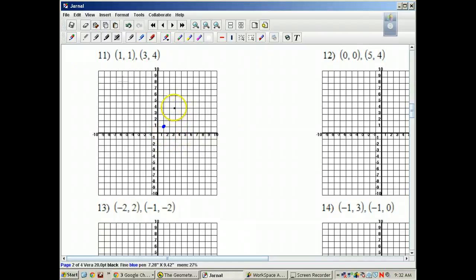Oh, 1, 2, 3. Now, I need you to use your straight edge, that ruler I gave you. And draw a line through the entire graph. We're going to draw a line all the way through.